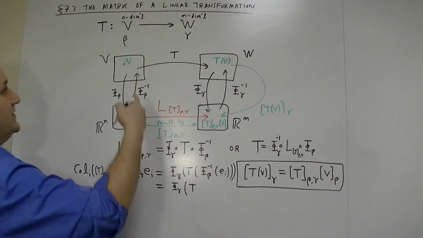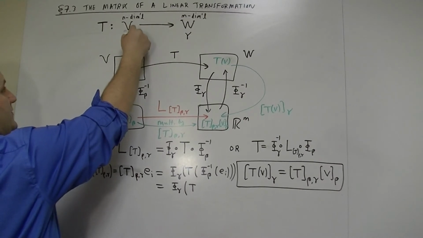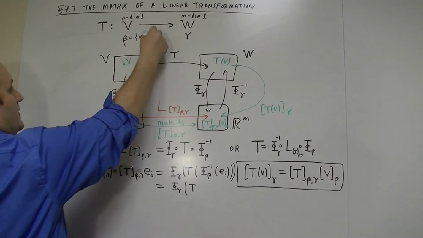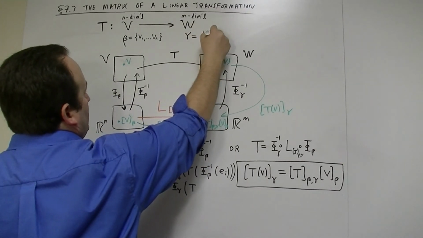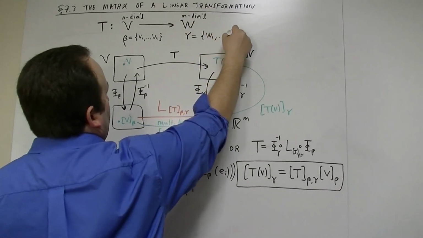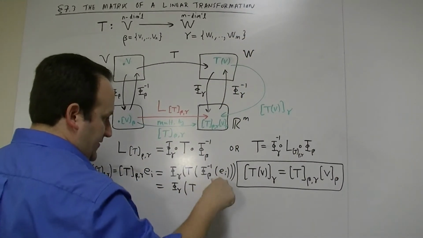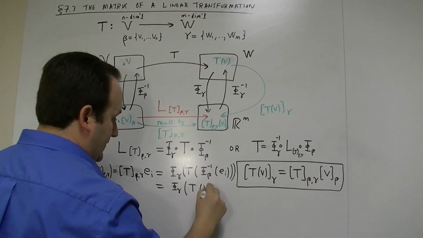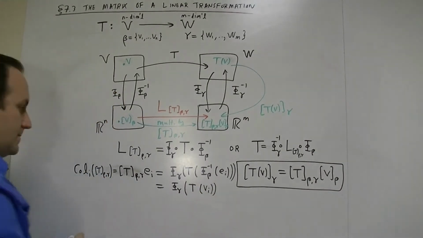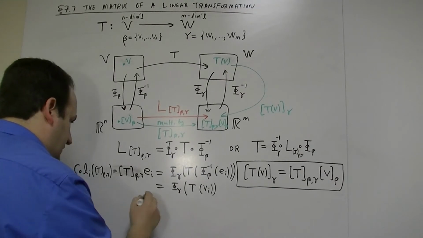Phi beta inverse of e_i is exactly v_i. I mean, I guess I should declare notation here. So letting beta equal, say, v_1 through v_n, and if we need it, we'll write gamma is equal to w_1 through w_m. So this is, by the definition of the coordinate map, exactly v_i. Right. So there you go. That's a definition, if you like.